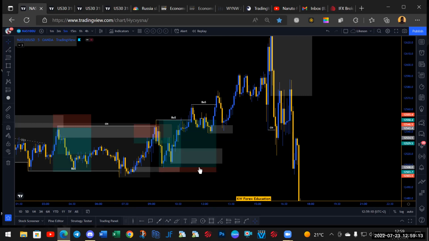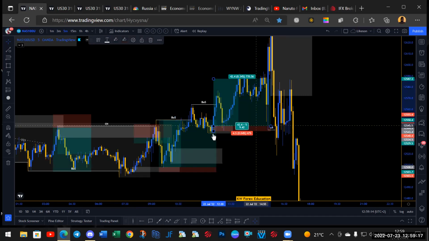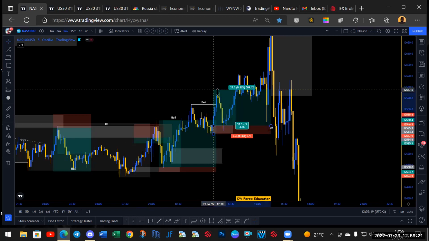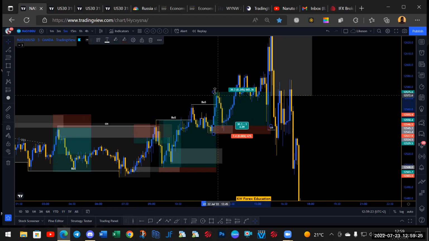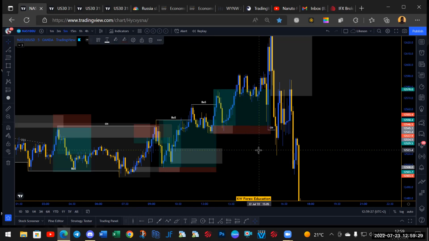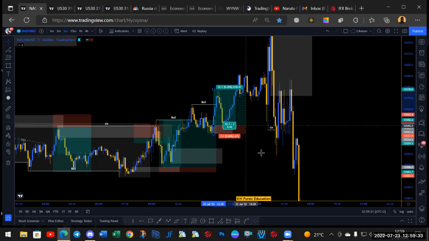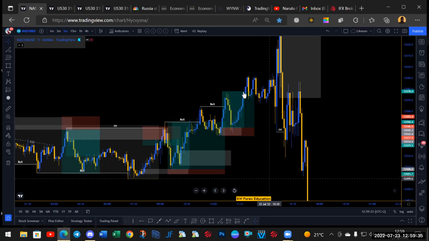This I would definitely add trades there. I would definitely add trades and I'll just aim there, just after we get that break of structure. I would aim there.